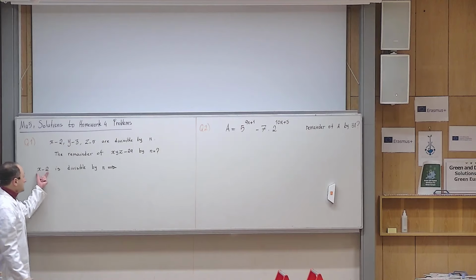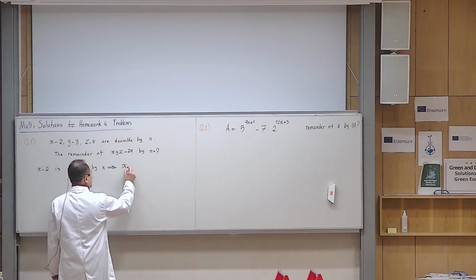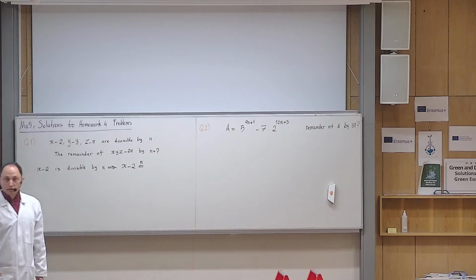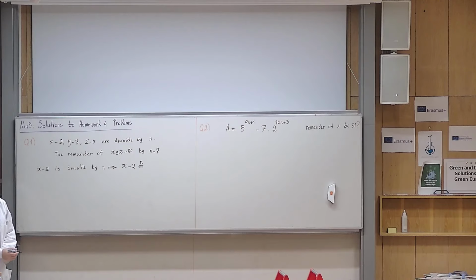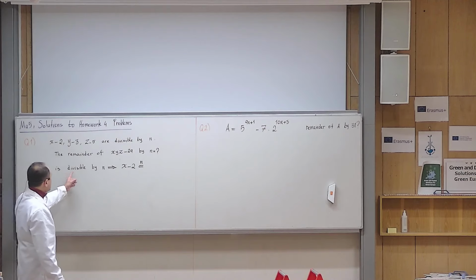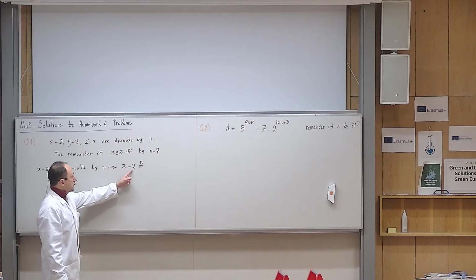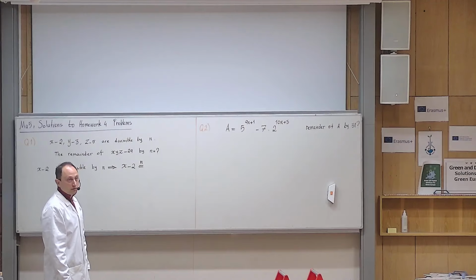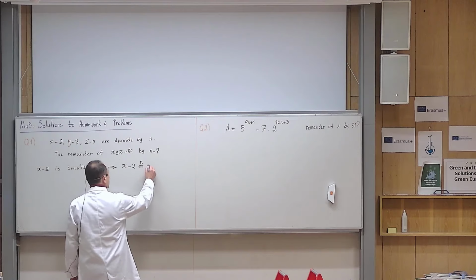It means that this number, whatever it is, is congruent to which number modulo n? If it is divisible, what should I write in front? X minus 2 is divisible by n. It means x minus 2 is congruent to which number modulo n? Yes, 0. That's the meaning of divisibility.